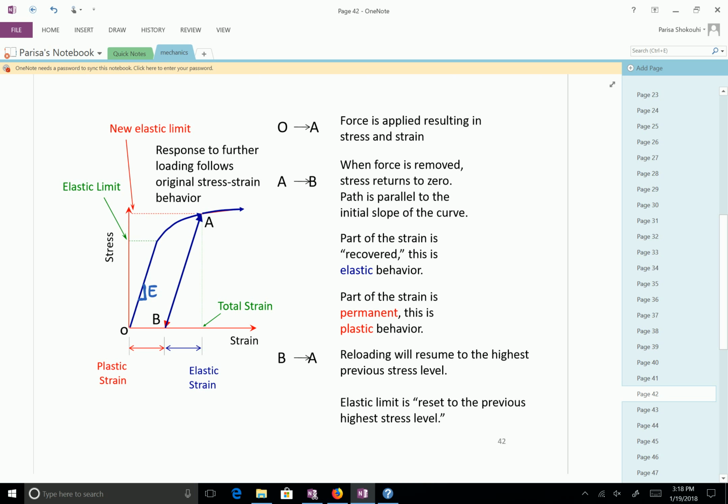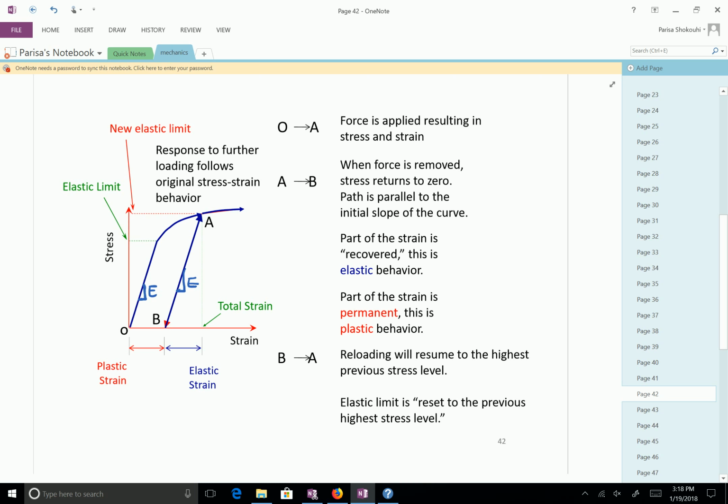Now, if you unload, it's not going to go back along the same line to be linear. It goes back parallel to the first line, meaning that this slope is also E. So you have this much permanent deformation.